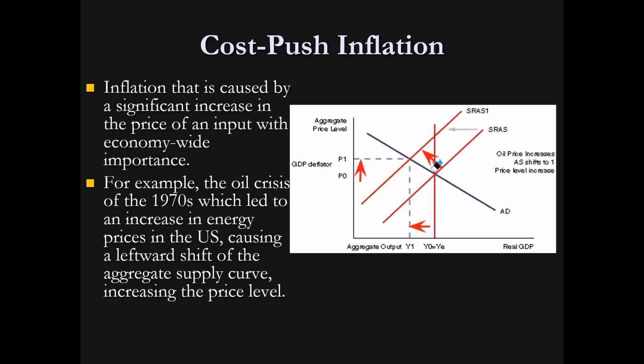And we have an important example for this case. It's the oil crisis, which led the aggregate supply curve to shift to the left because the price level increases. An oil crisis led to increasing energy prices in the United States, which caused a leftward shift of the aggregate supply curve and increased the price level.